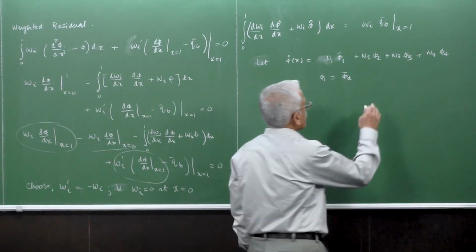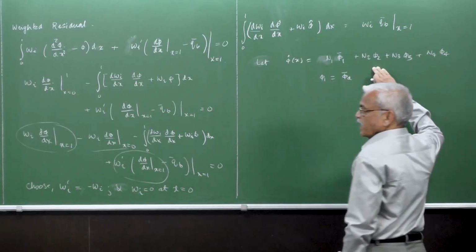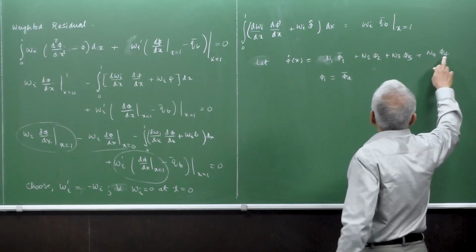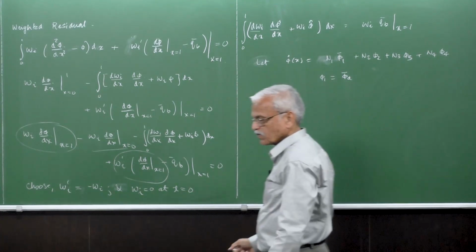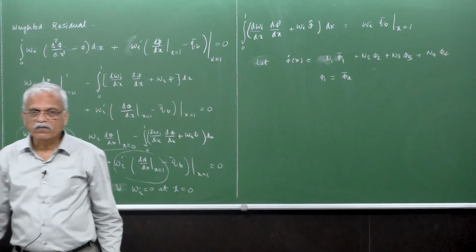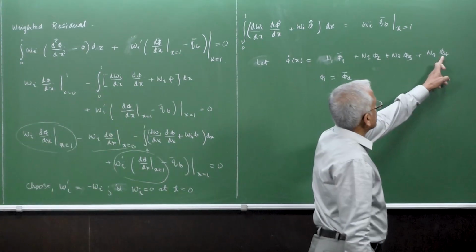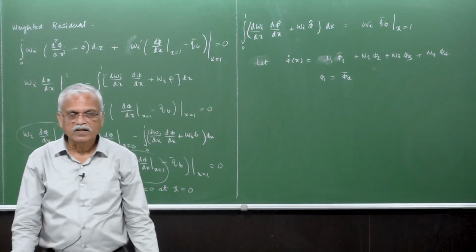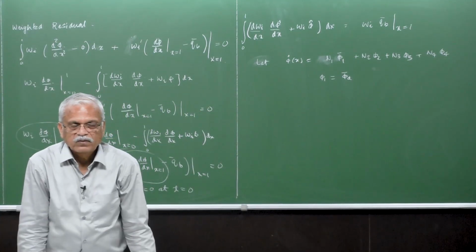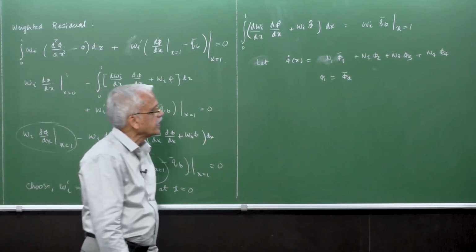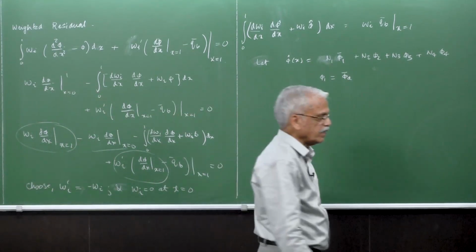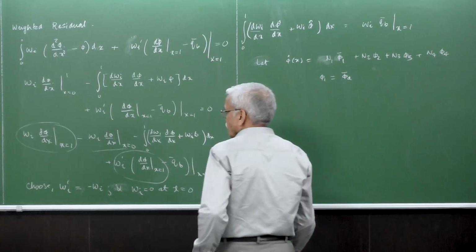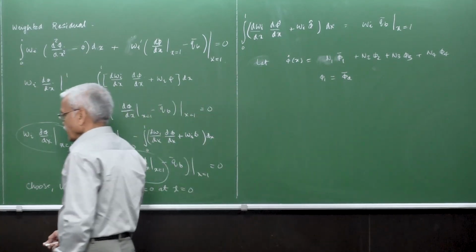Another thing you have to observe is that in the earlier problem, we took phi 4 also as a prescribed one, phi b. Now it is not, it is now an unknown quantity. So there are 3 unknown quantities here, and we have to formulate 3 equations.